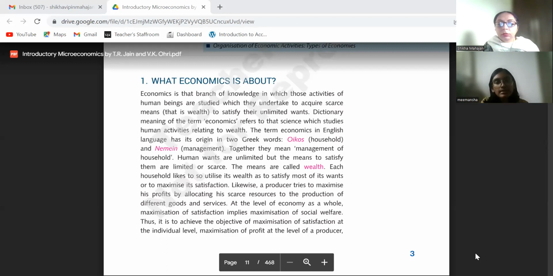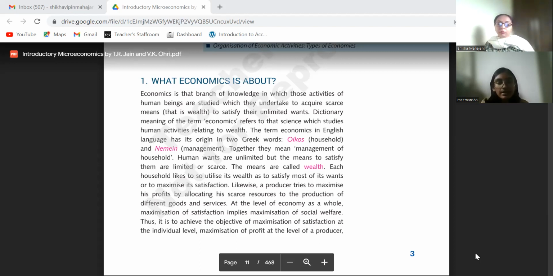The term economics in English language has its origin from two Greek words, oikos, which is household, and nomos, which is management. So together they mean management of household. Human wants are unlimited, but the means to satisfy them are limited.